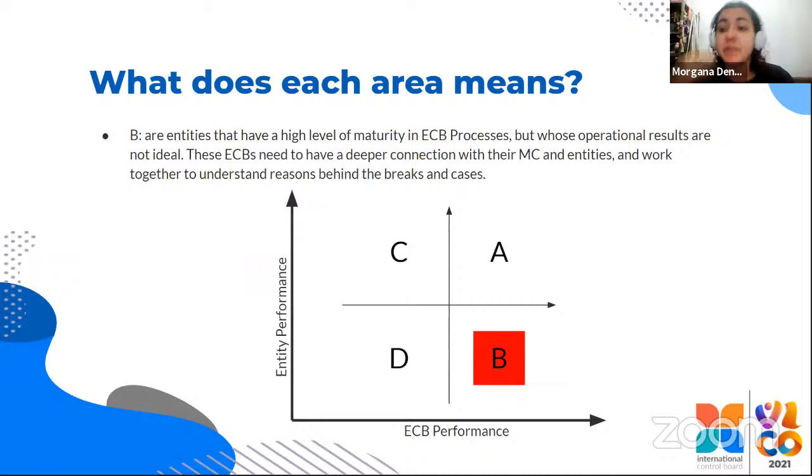This made our performance go down. Now my focus as ECB chair is to focus on synergy with the MC and how we can improve these parameters. Generally, entities in this area need to have a better connection with their MC entities and work together to understand, okay, maybe why do I have so many breaks, or why am I having so many cases? Because entities also have a lot of cases, and breaks are also in this area, even though they have good processes.